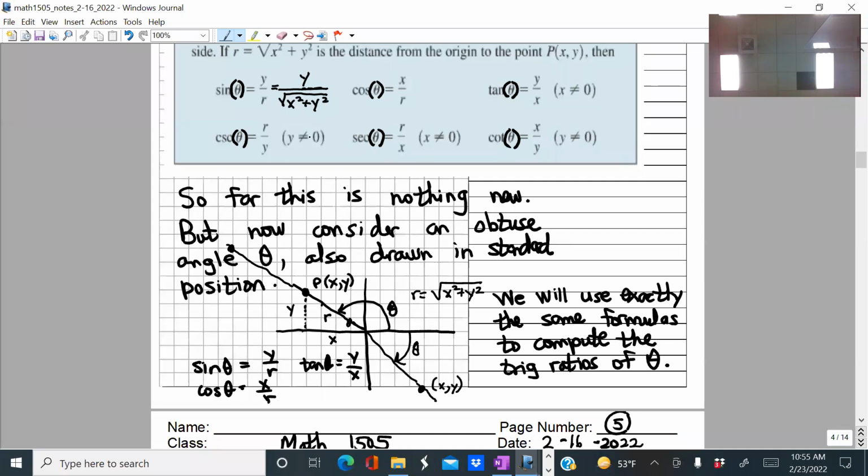What's the cosine of theta going to be? It's going to be the x coordinate of the point divided by r. What's the tangent going to be? It's going to be the y coordinate of this point divided by the x coordinate. And that scheme works no matter how big the angle is, or how small the angle is.